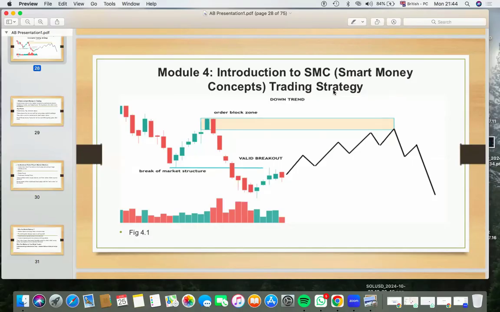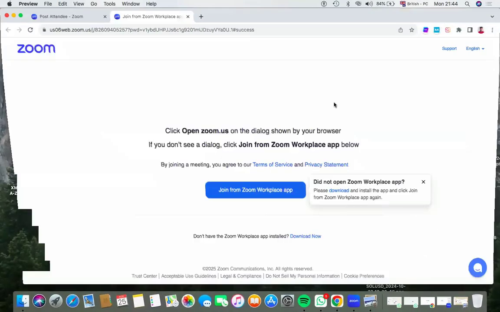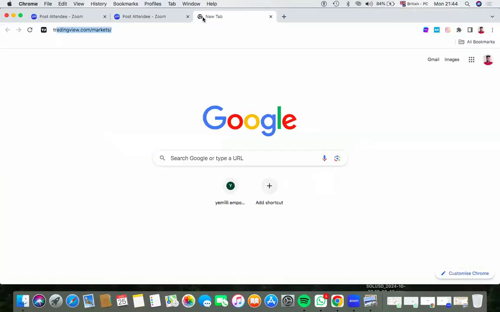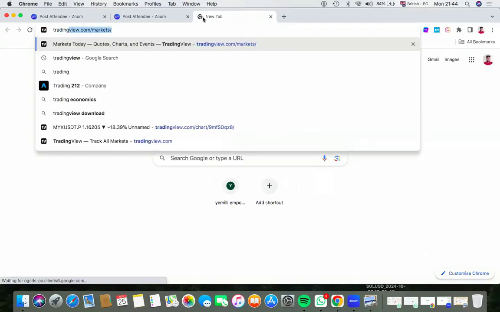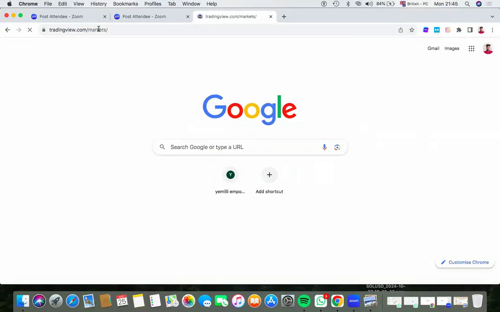And the last time we spoke about market structure. So what do we refer to as a break of structure? In fact, I'll go to my chart right now to give you an example of what we may see for break of structure. So let's go to TradingView.